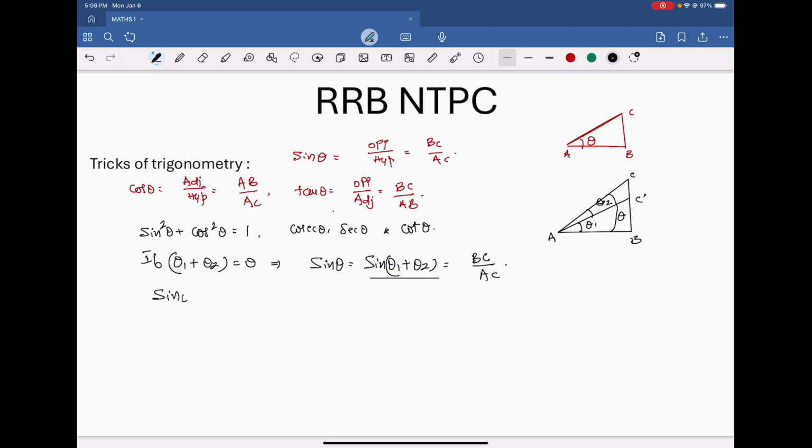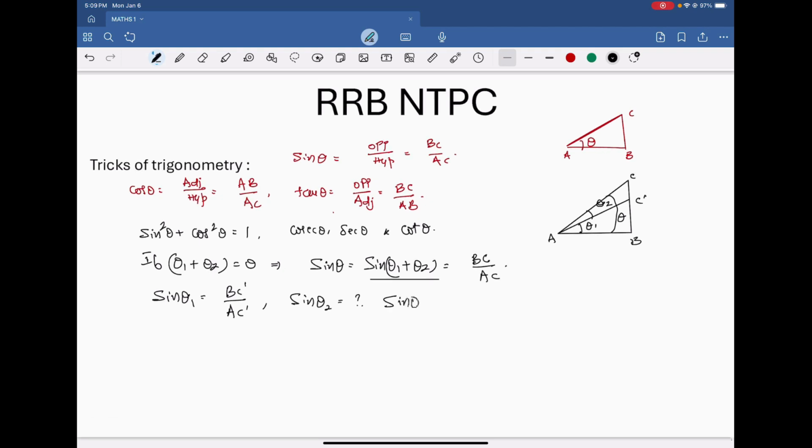Here, sin theta 1 is nothing but BC dash by AC dash, that is opposite side by hypotenuse. Sin theta 2 cannot be found from the simple Pythagoras theorem because ACC dash is not a right angle triangle.